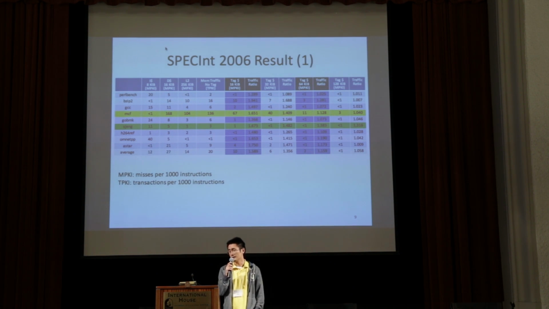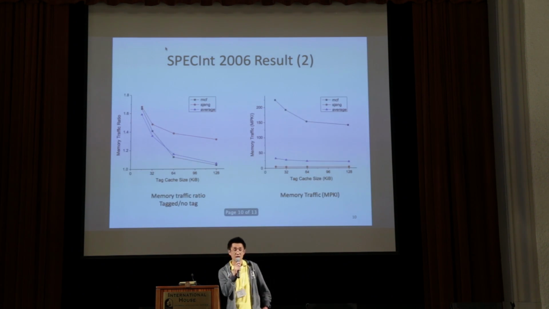There are 2 interesting cases. One is MCF, which always has a large memory traffic. The other one is SPECint, where no matter how we increase the tag cache size, the miss rate in the tag cache is still significant. So I put these 2 cases here, along with the average case.